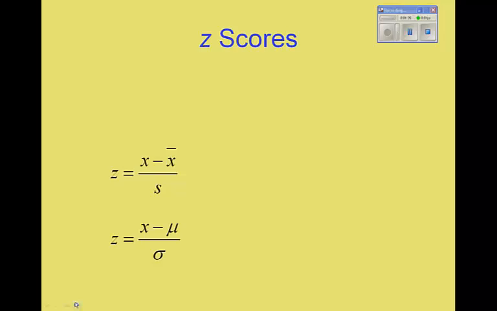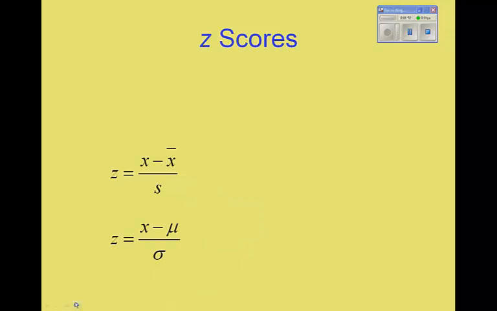So all I do is I use these formulas. Z is x minus x bar over s. So what goes where? Well, my x, we said, is 10. That's the data point that I just observed. Did we compute x bar for this data already?